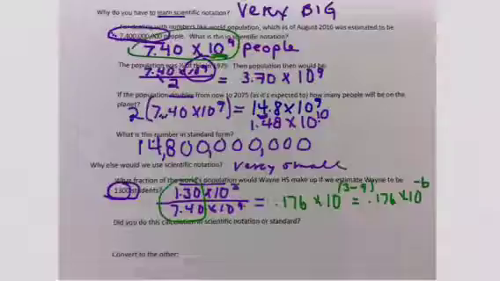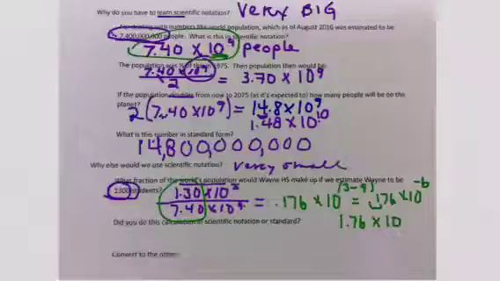Again, is that proper scientific notation? Of course it's not. So let's put it into regular scientific notation. Again, we're going to move our decimal point over by one, to 1.76. But this time we went from a small number to a big number, so to get the equivalent, we have to reduce our factor of 10.